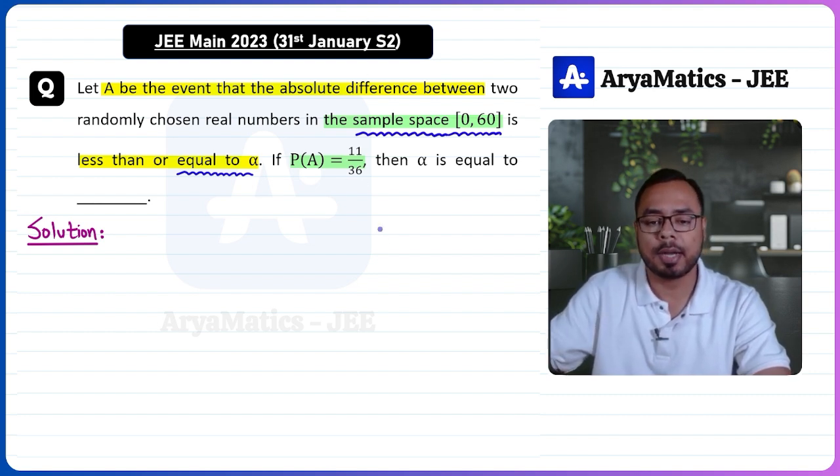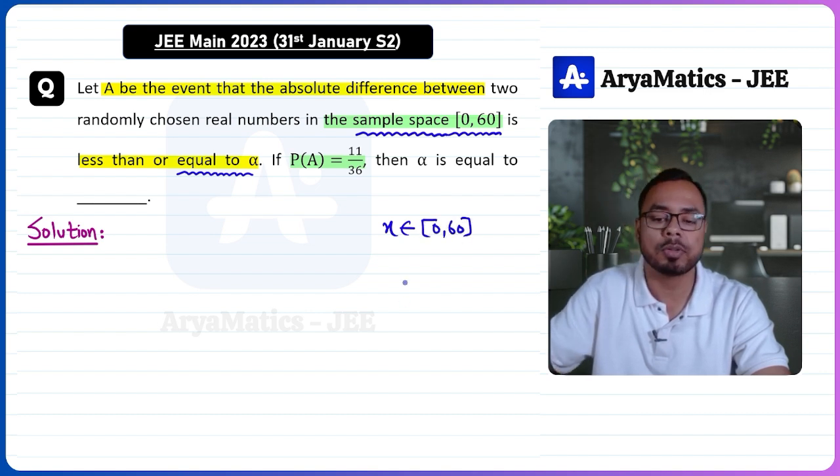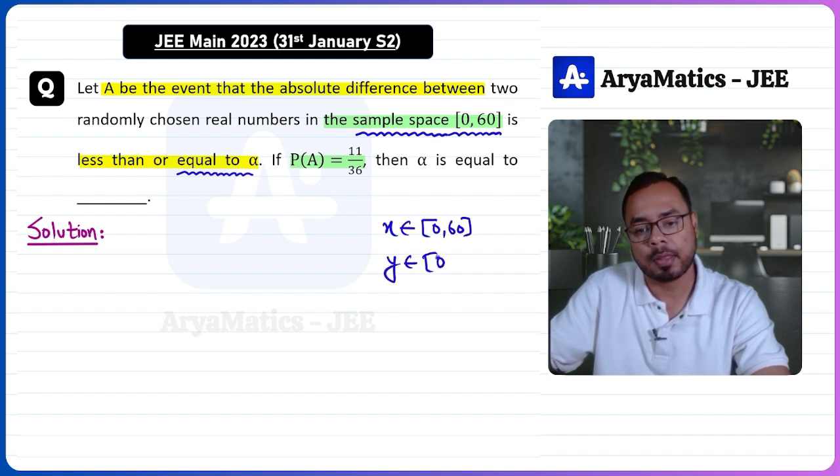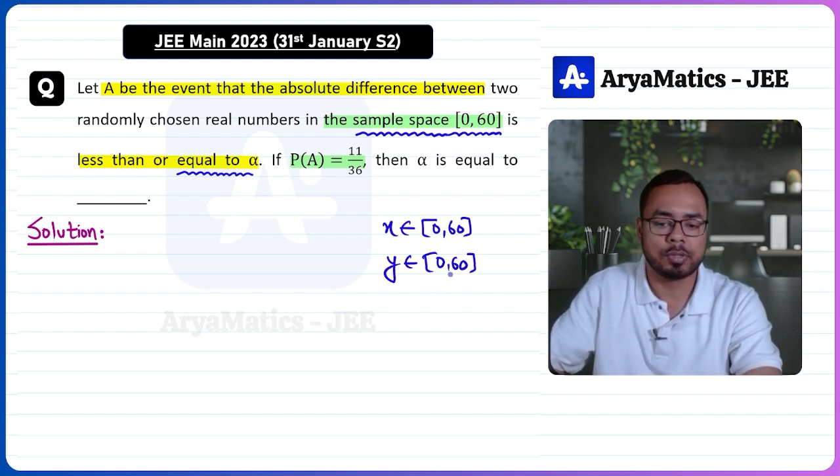Now, see here, let us say that two selected numbers are x and y. So it is given that x is a number in this interval 0 to 60. You can take any value of x from 0 to 60. Similarly, y is a number from 0 to 60. Again, you can take any numbers from 0 to 60. Now, there are infinite numbers from 0 to 60, right?